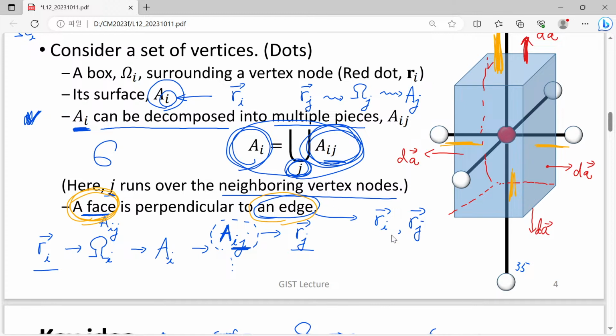Therefore, the dA direction corresponds to the direction of an edge.